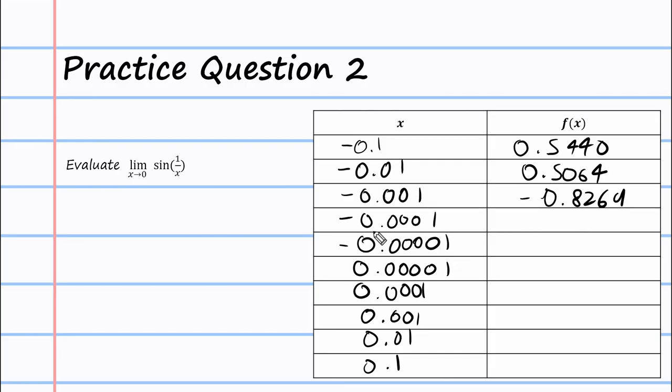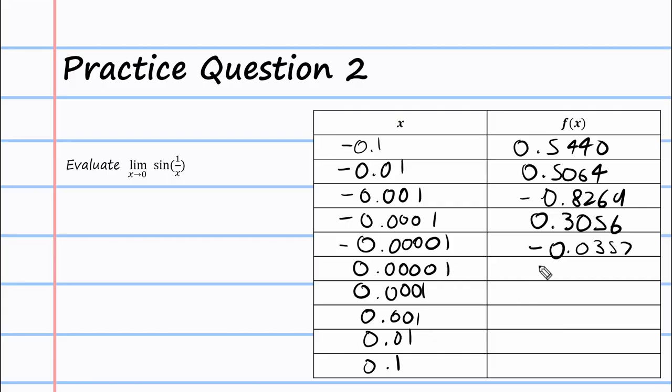At negative 0.0001, f of x equals 0.3056. At negative 0.00001, f of x equals negative 0.0357.